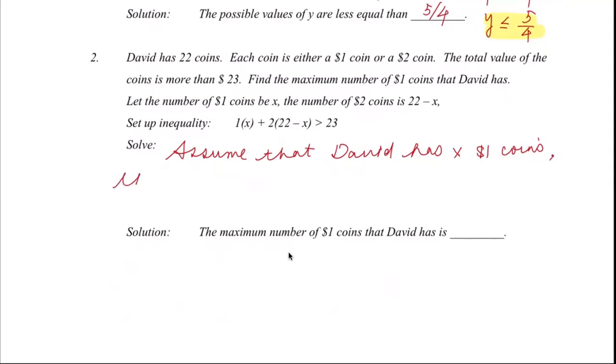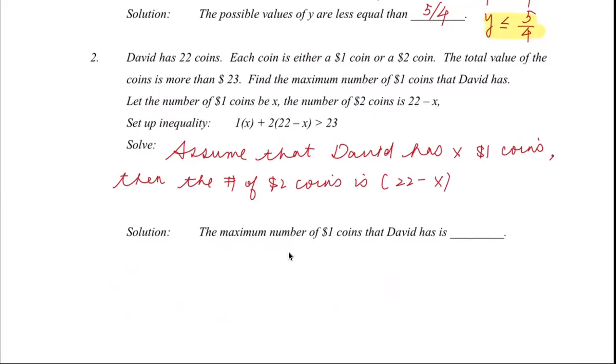Then the number of $2 coins is 22 minus X, right? And we know that each $1 coin represents $1.